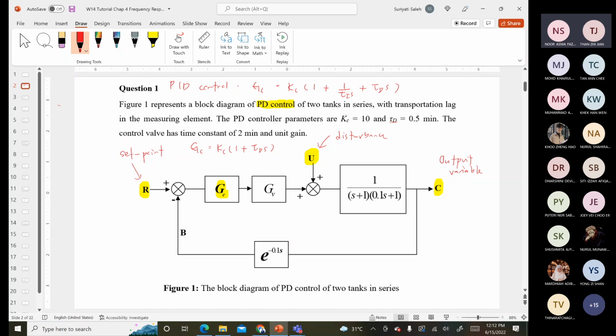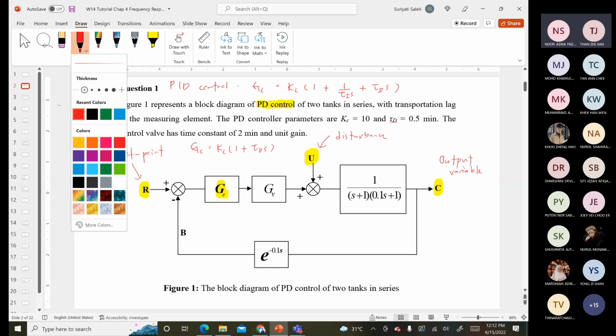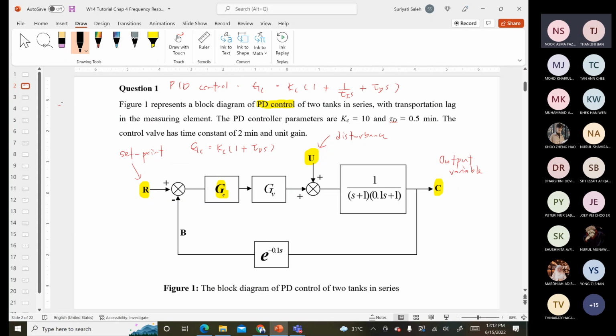When you don't have any integral, that means the tau I is neglected. So based on the PID, when the tau I is neglected, this reduces to Kc (1 + tau d s). So this is what is meant by PD control, where the P stands for proportional, the D for derivative, no I in the transfer function.